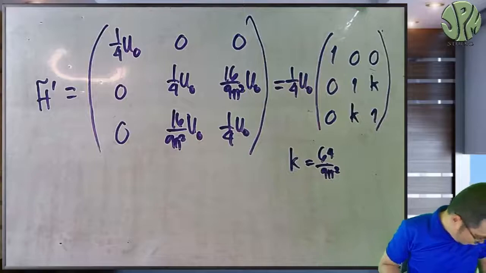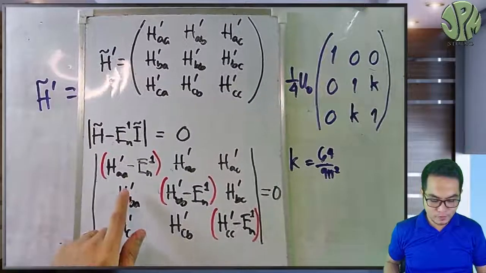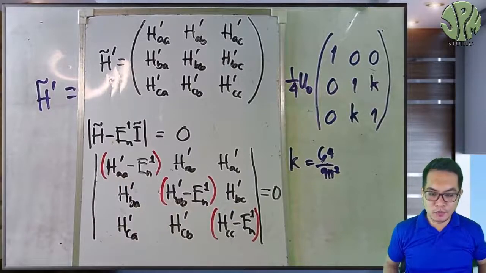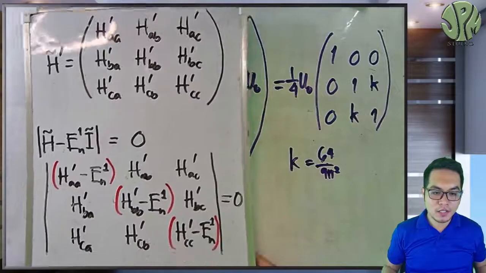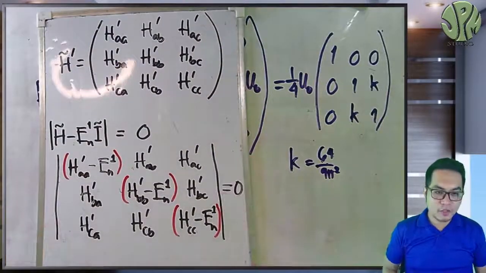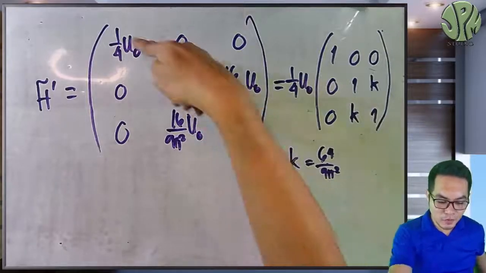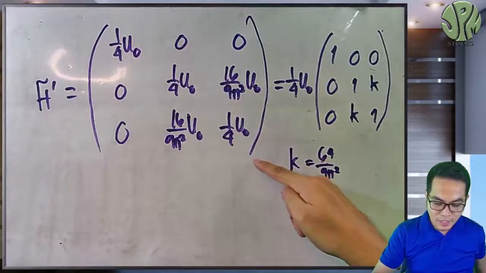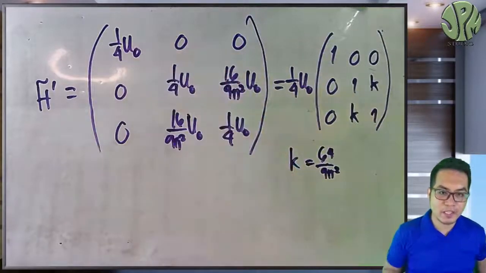So what you need to do next is this. Take the characteristic equation. So you subtract the diagonal elements by En1. Take the determinant. It's just easy to use the determinant here. I recommend using the basket method because you only need to multiply this and subtract only one term, this one multiplied by that one.